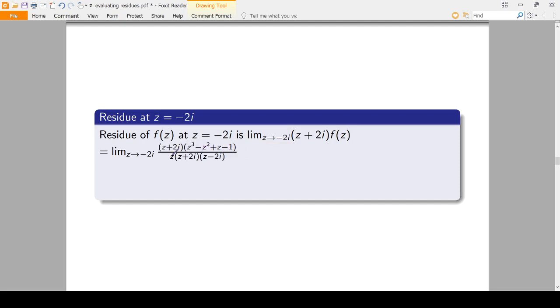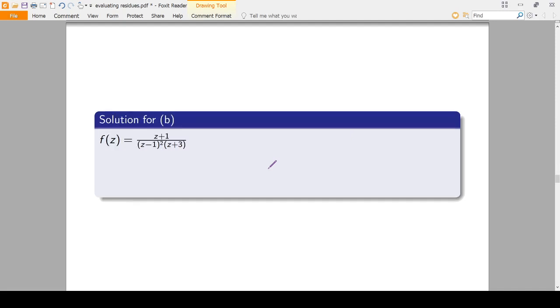So when I multiply f of z with z plus 2i, z plus 2i gets cancelled in the numerator and denominator, and when I allow z tending to minus 2i, I get the residue as 6i plus 3 whole divided by minus 8. So this is a problem where all the three singularities are simple.